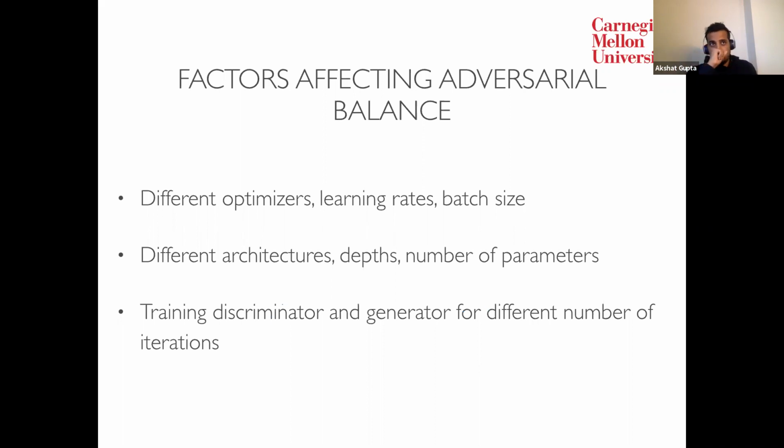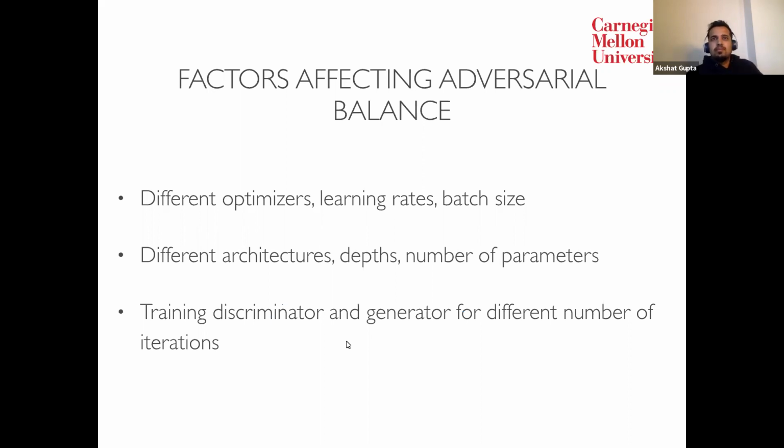Something we can take care of is training the discriminator and the generator for different numbers of epochs and iterations. It's more of an art than a science. There are some usual things people use. Maybe we train in the ratio of 5:1, 1:1 also works for very simple problems.